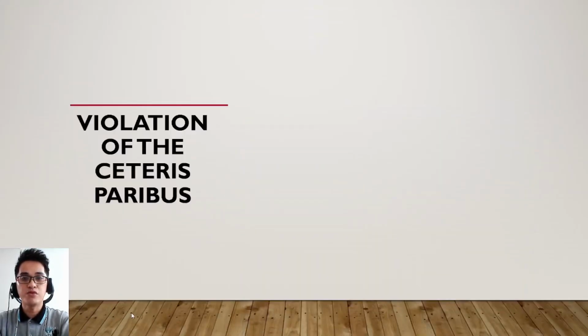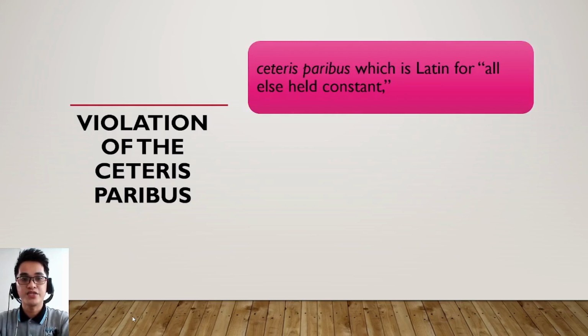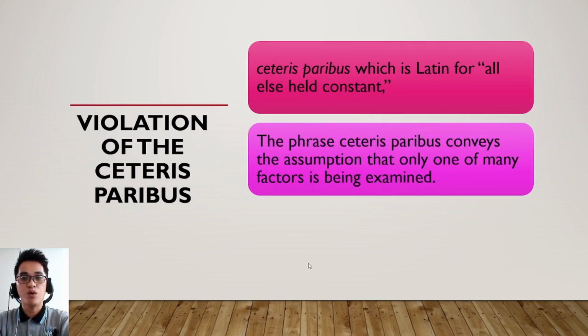And finally, one of the most common mistakes that people make in economic reasoning is violating the assumption of ceteris paribus. Now, ceteris paribus is a popular term used in economics. It is a Latin phrase that translates to all else held constant, or all other things held constant. This term conveys the assumption that only one of the many factors is being examined.